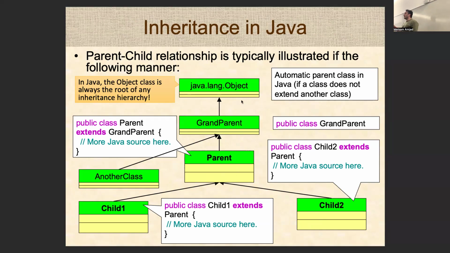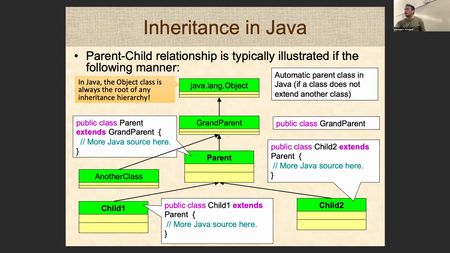Someone might ask, okay, do we need to import this class every time we start writing a class? Not really. Every class that comes from this package, java.lang, you do not need to import. For example, the String class, you just start using it, right?